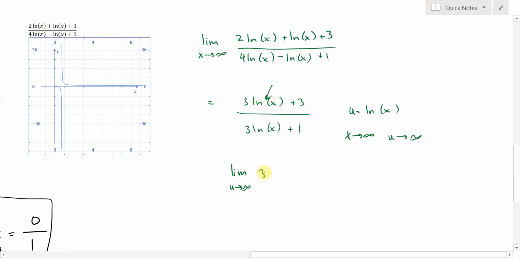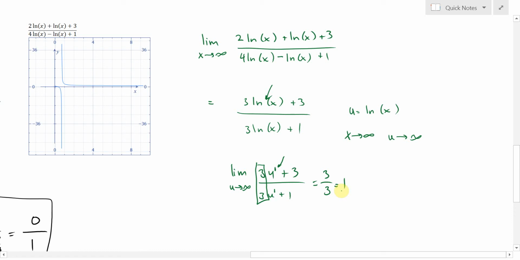So that's 3u plus 3 on top over 3u plus 1 on the bottom. This has degree 1, right? This is implicitly a degree 1 polynomial. This is a degree 1 polynomial. So it's just the coefficients of these guys. It's just 3 over 3, which is equal to 1.